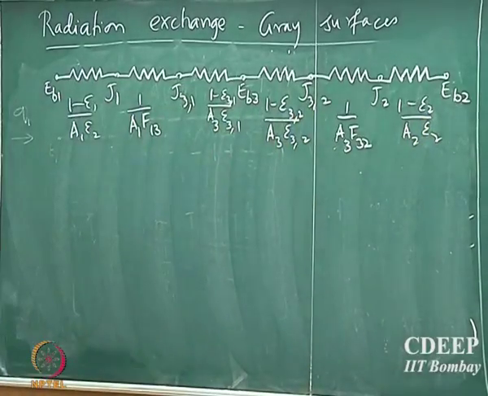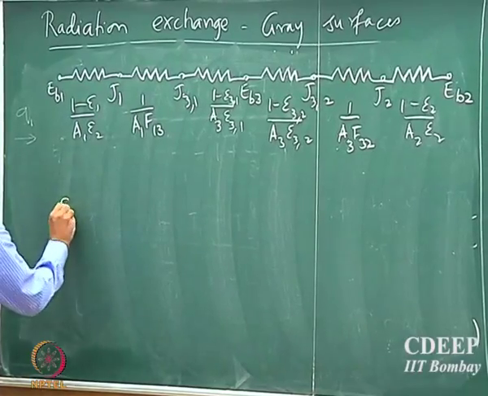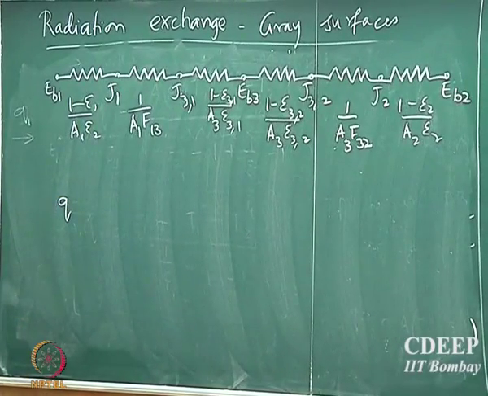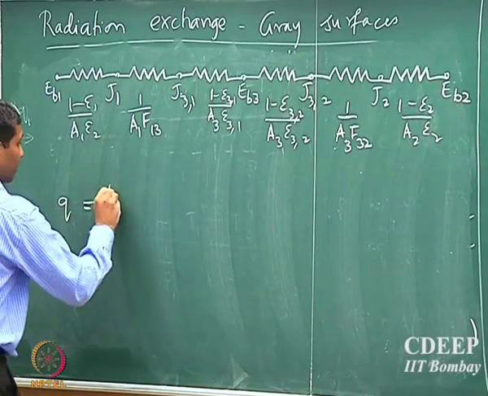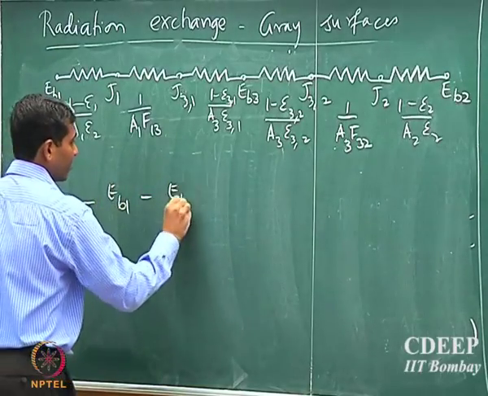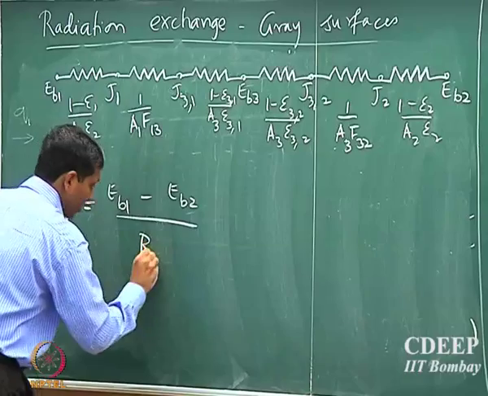Now, we can find the net radiation exchange between the first and the second surface. That will be EB1 minus EB2 divided by R total.